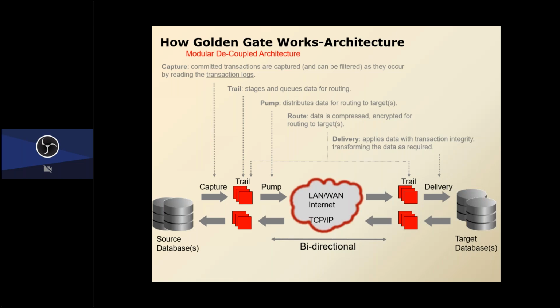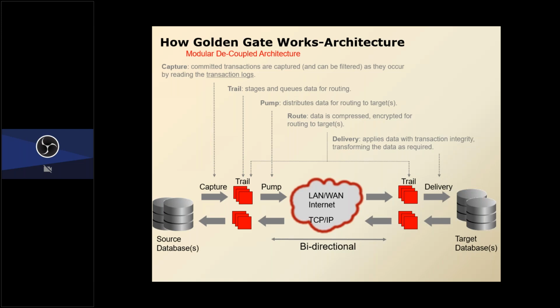So we see that the capture process here, as I mentioned, reads your transaction logs in a sequential manner and captures only committed transactions. When the capture process establishes connectivity directly with the database and reads the transaction logs on its own, it is called classic extract.